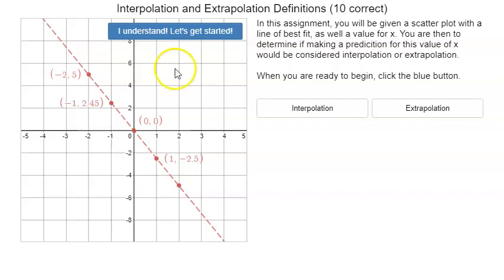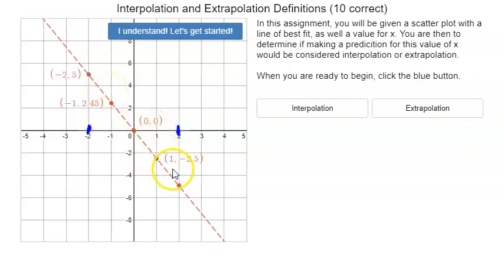The domain of my original data set, which is again represented by these red dots: -2 is the smallest x value I have, and +2 is the largest x value I have. Anywhere in between those, all of those x values are within my data set.